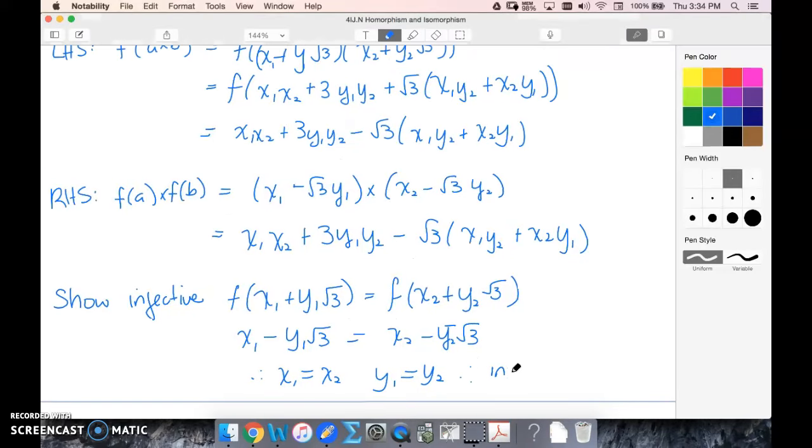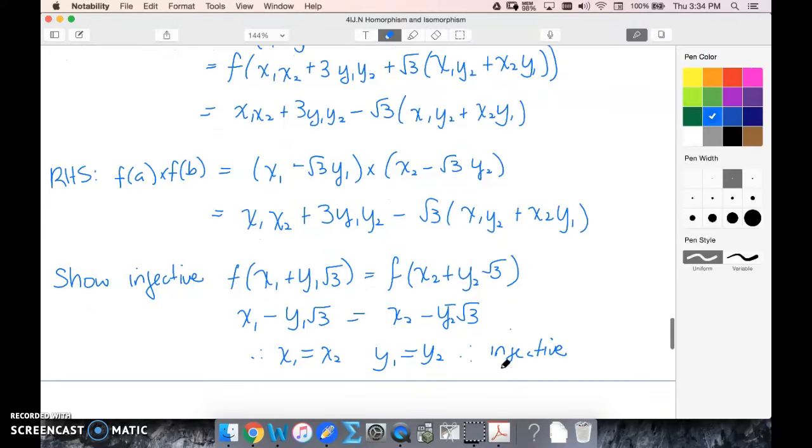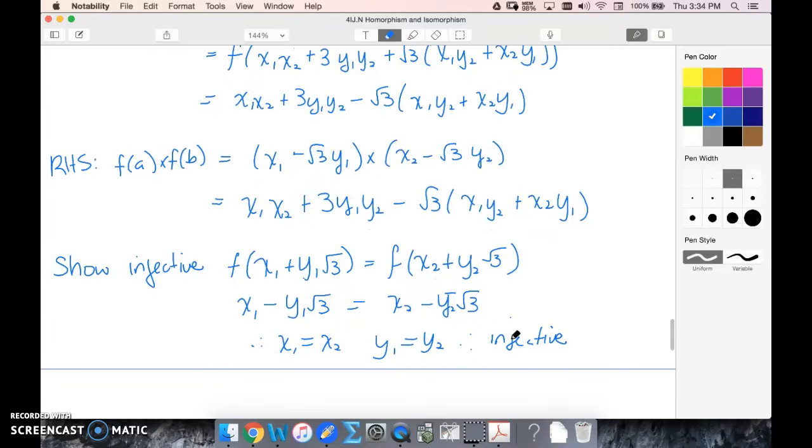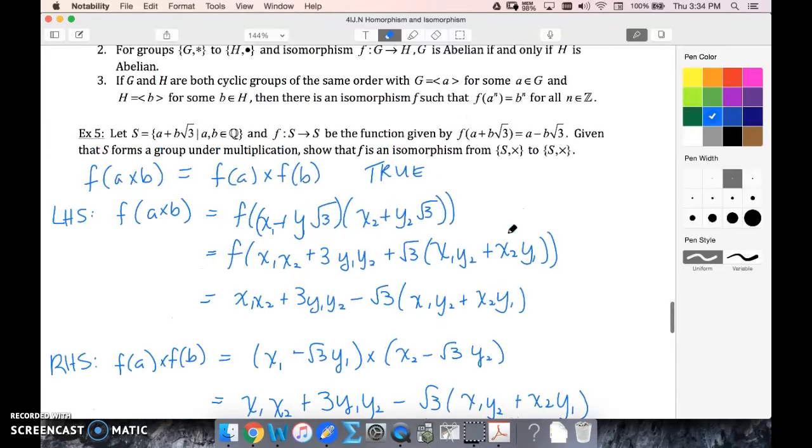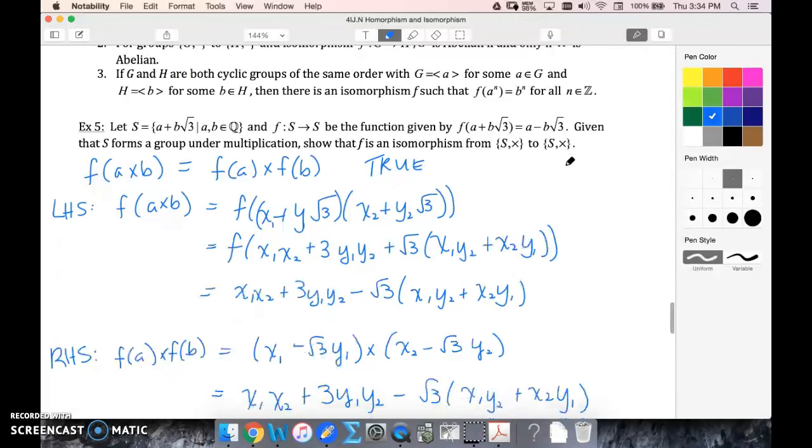Therefore, it is injective. Now to show surjective, we need to show that every element in the codomain is also in the range. But if we think about our function, then we've got a minus b root 3, and our codomain is the set of all values defined here, all of the a plus b root 3, where a and b are rational numbers. But we started with a and b being rational numbers, so every value in our codomain is also going to be part of the range.